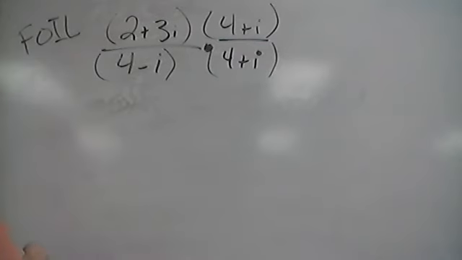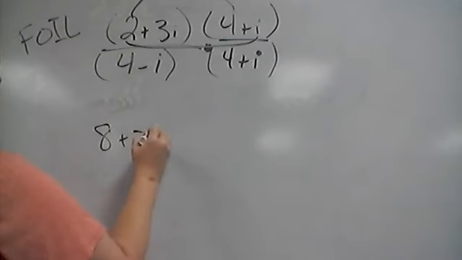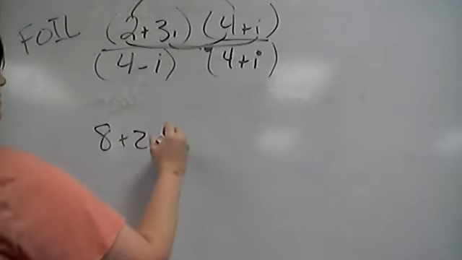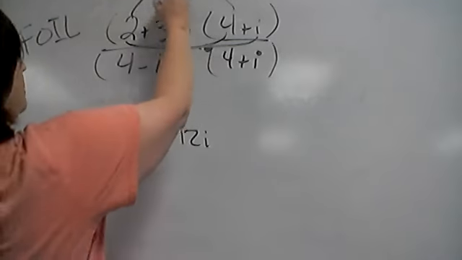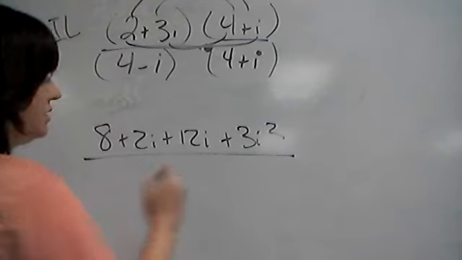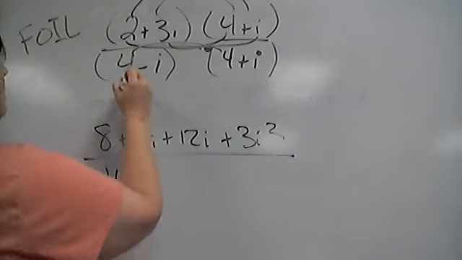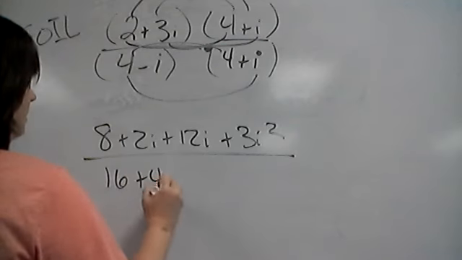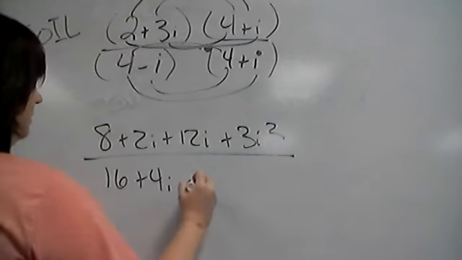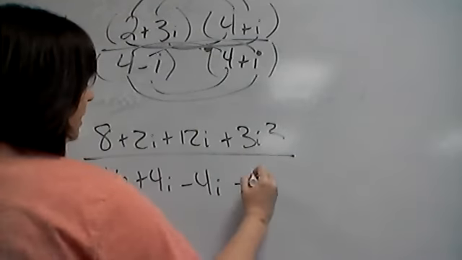Okay? So I'm going to do 2 times 4, which is 8. 2 times i. 4 times 3i. 3i times i. And then I'm going to do the same thing on the bottom. 4 times 4. 4 times i. 4 times negative i. And negative i times i.